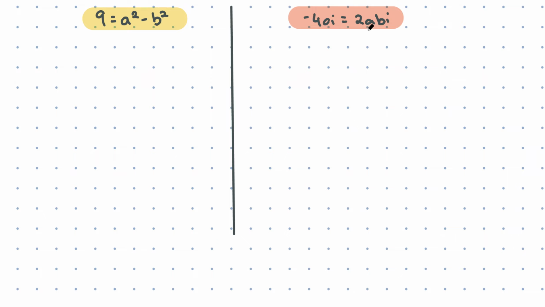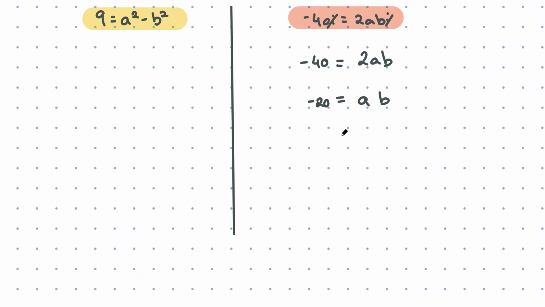So I'm going to now get this out, and if I simplify it, I'm going to divide both sides by i first, and I'm going to have 2ab is equal to minus 40. I'm going to divide both sides by 2, and I get ab is equal to minus 20.